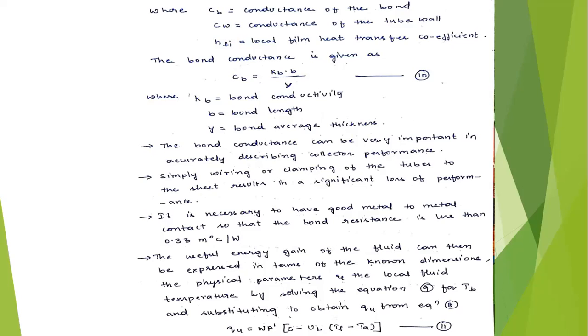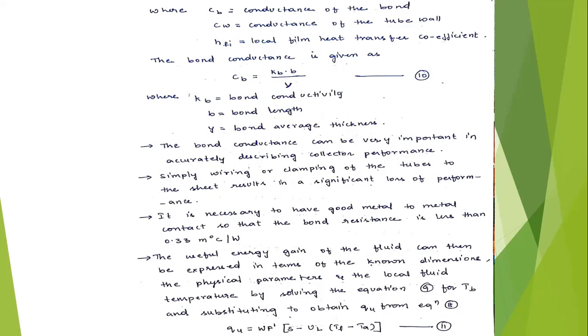If you solve equation 9 for the value of TB and substitute that TB value in equation 8, finally we will get the useful energy gain.